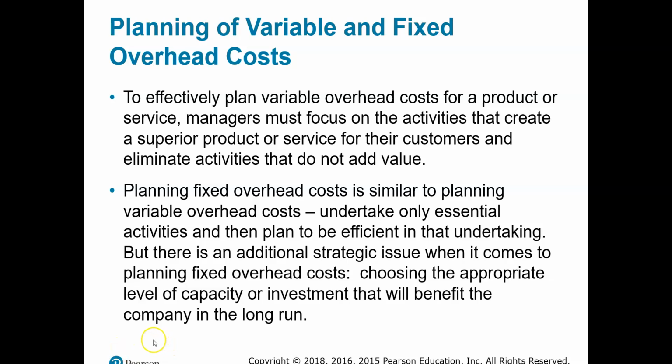Okay, so when we're planning variable and fixed overhead costs, let's talk about variable overhead costs for just a moment. When we have to plan those, we have to focus on activities that create a superior product or service for the customers and eliminate activities that do not add value. Now, we've talked about this before in previous chapters, talking about value-added costs and non-value-added costs.